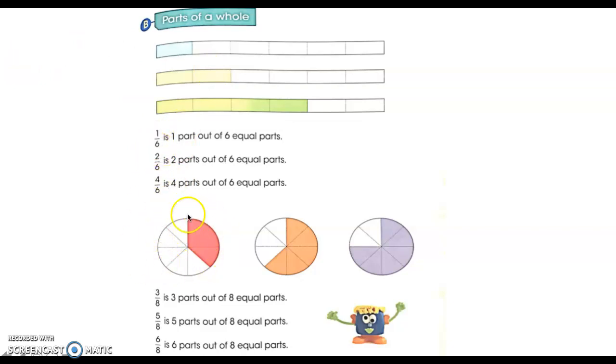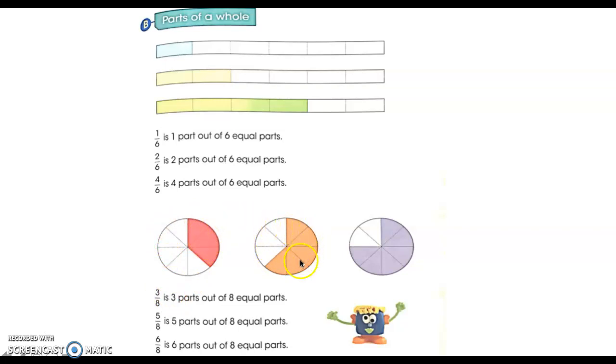Now look at this one, the circle. This is divided into 8 parts. 3 parts are colored. So 3 units is taken from the whole. The whole is 8, so 3/8 means 3 parts taken from 8 parts. 8 part is the whole.